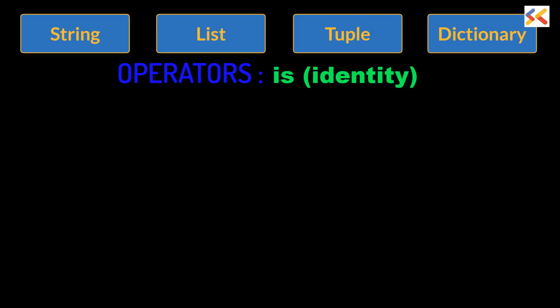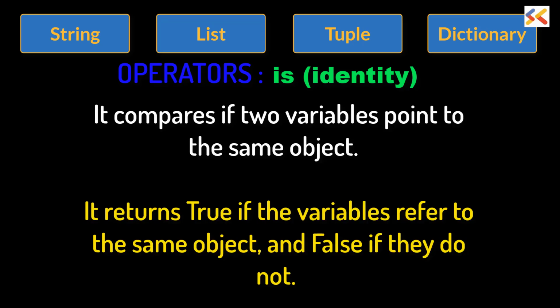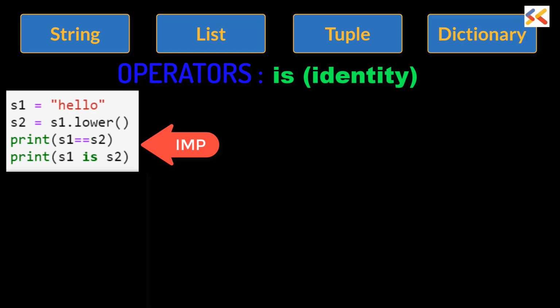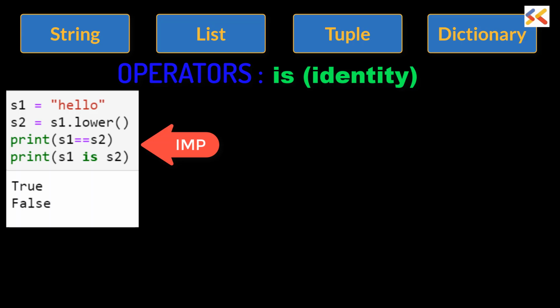Next, we will see the is operator, which is also called as identity operator. It is used to test if two variables refer to the same object. For example, if we take a string and use one of the strings to convert it into lowercase and then compare it using equal to operator, it will return true as both have same values.